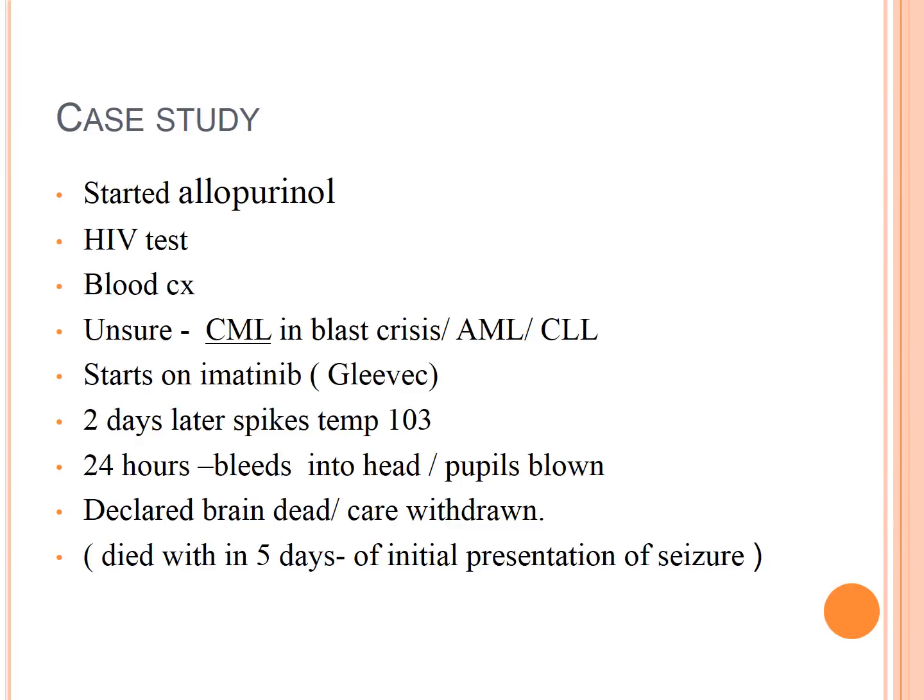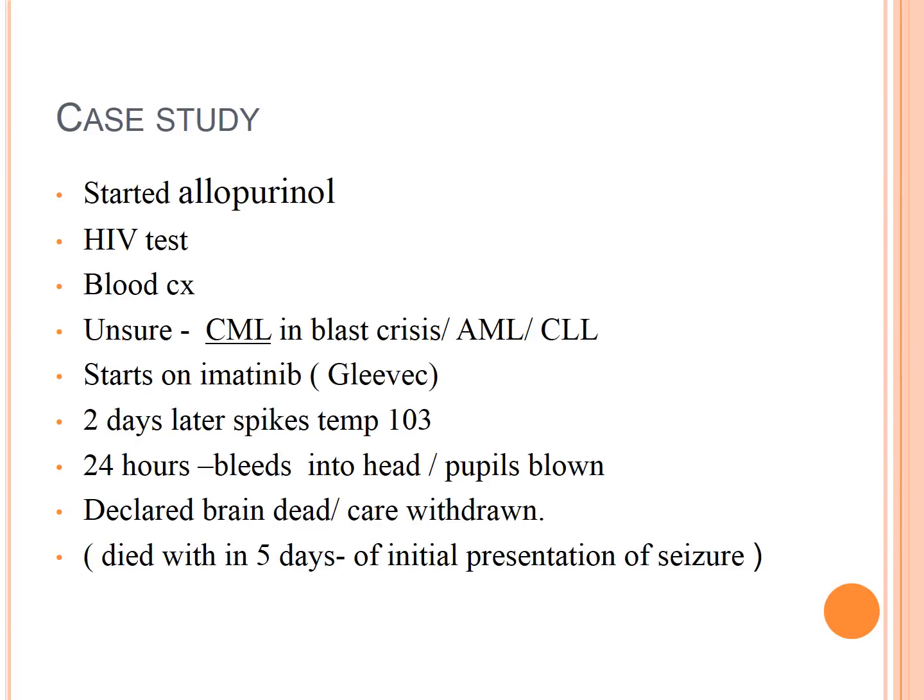Or if he was in acute myeloid leukemia or chronic lymphocytic leukemia. They weren't too sure, but those were the options they were going through. So he was started on Gleevec, the aggressive chemotherapy treatment. And remember, with Gleevec, we want to assess for tumor lysis syndrome.